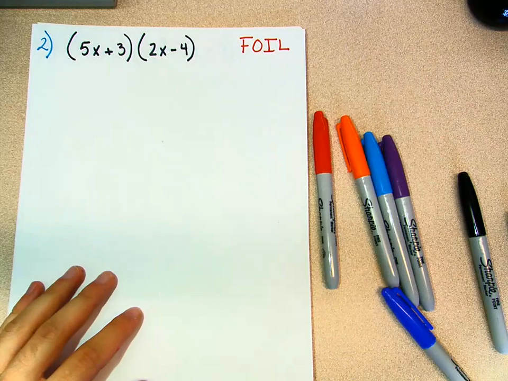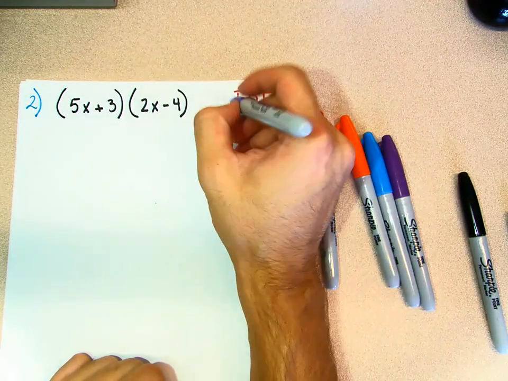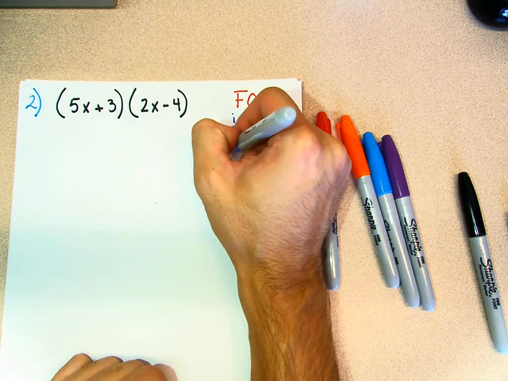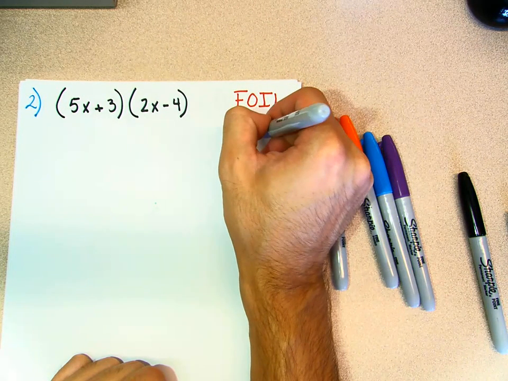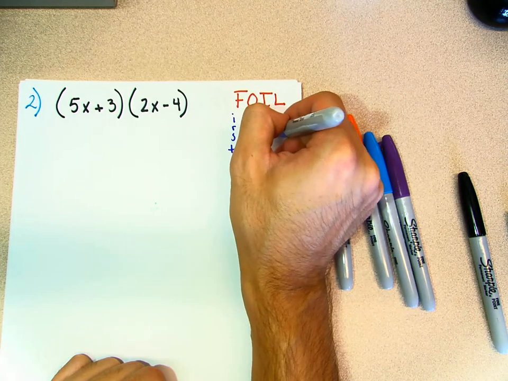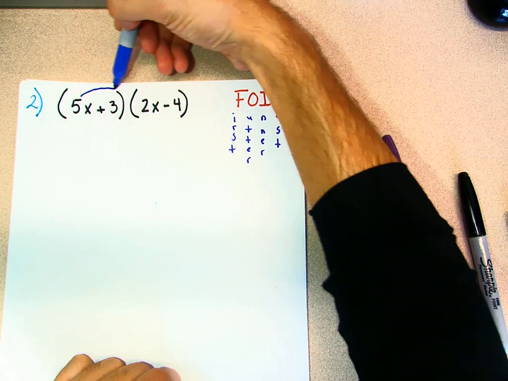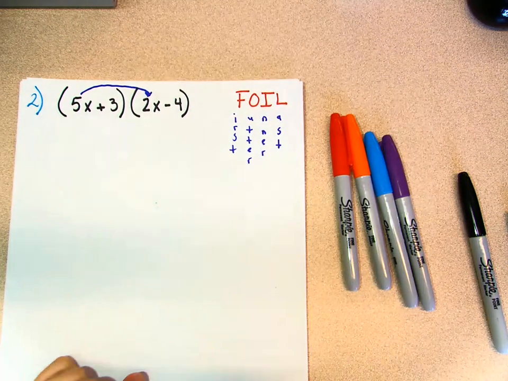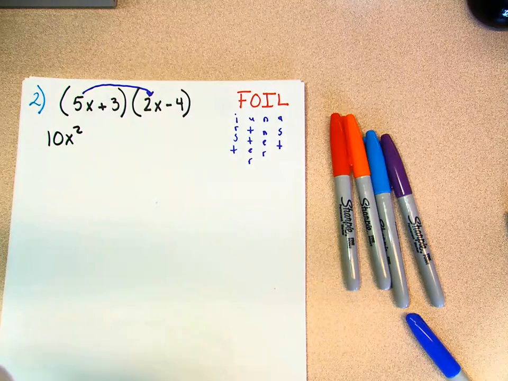Next one. For this one, let's try and remember FOIL. How does FOIL go? You go first, outer, inner, last. So FOIL, what's the first move? You go 5x times 2x, and this becomes 10x squared. What's the next move?